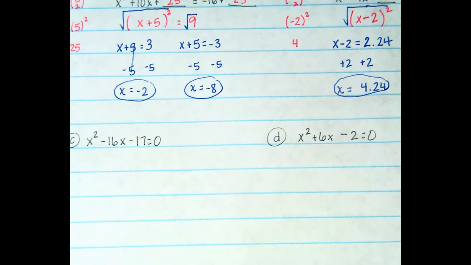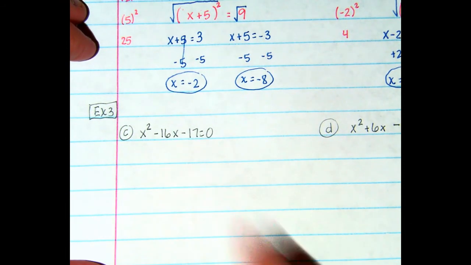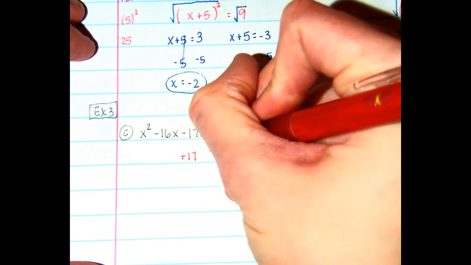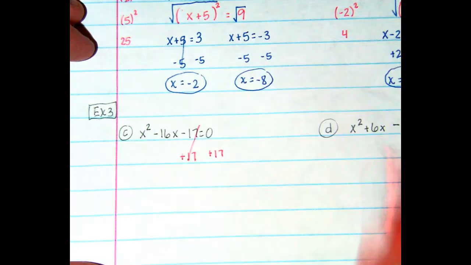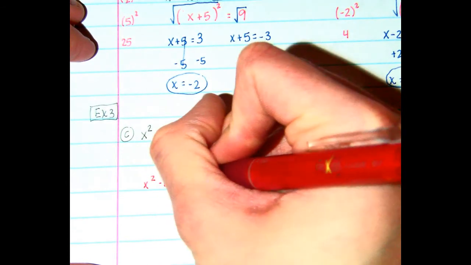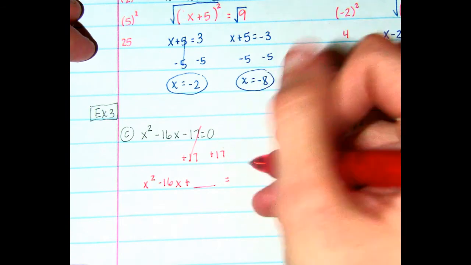So the first step you guys just told me is to do what with C so that I've got it in the right form. Add 17. So x squared minus 16x, I'm going to go ahead and put blanks there. What is 0 plus 17?